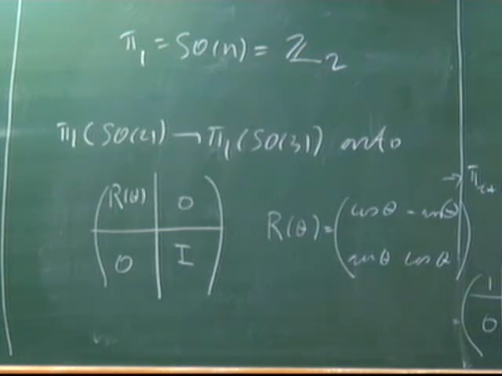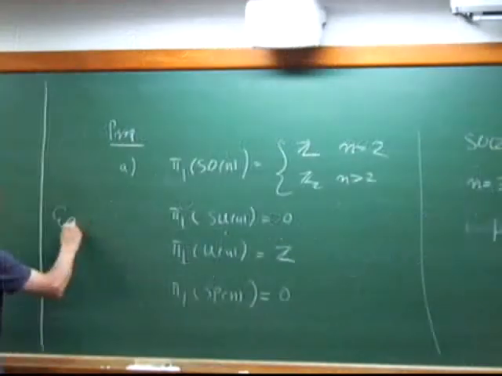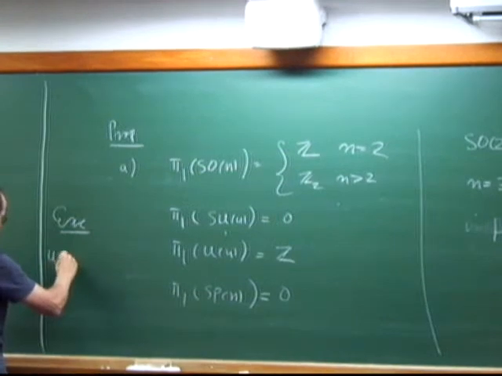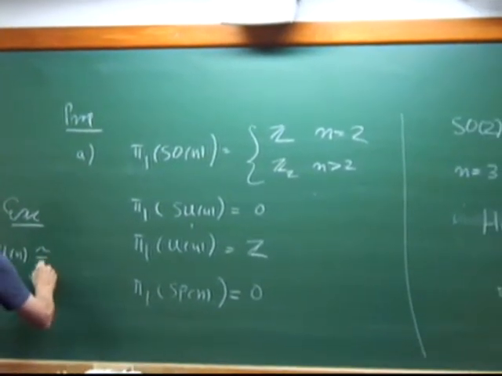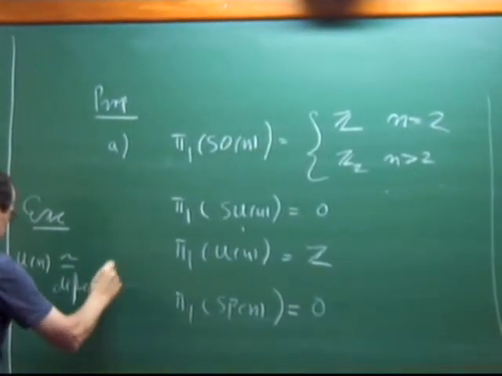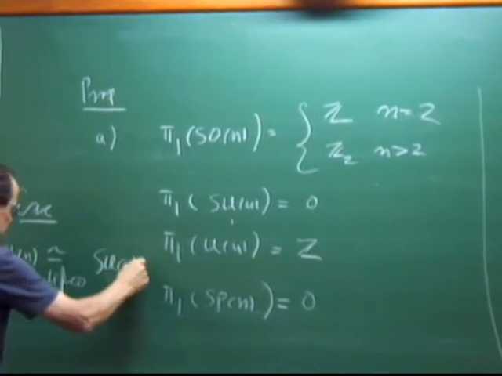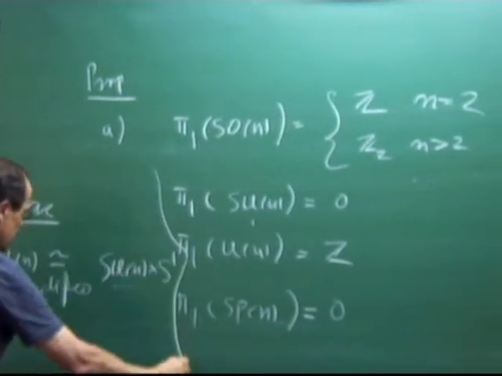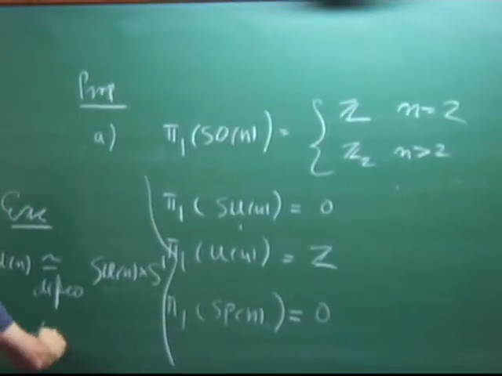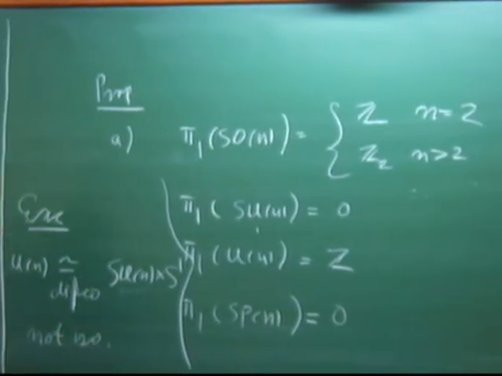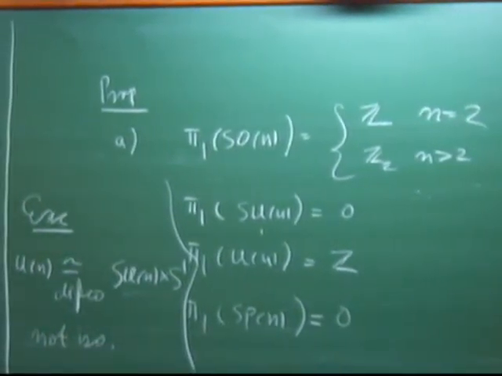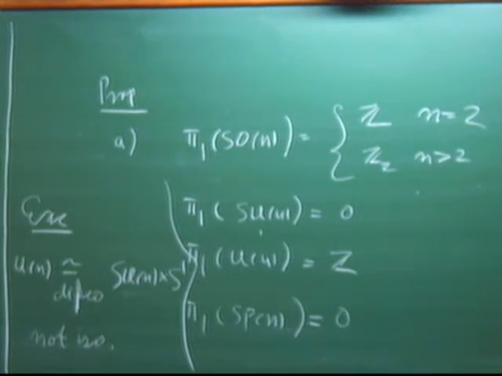By the way, the relationship between these two groups, which I think is one of the exercises, is U(n) is diffeomorphic to SU(n) times the circle, but not isomorphic. Why is it obvious they aren't isomorphic?